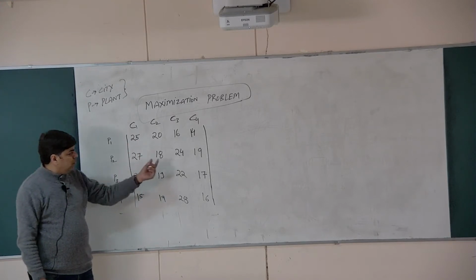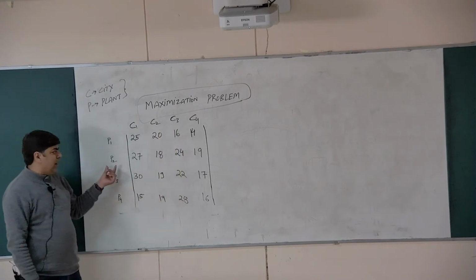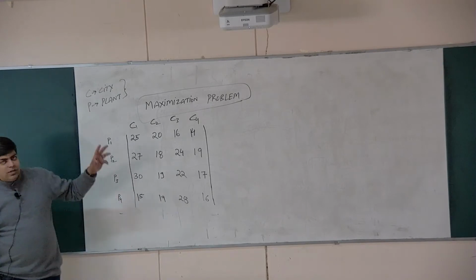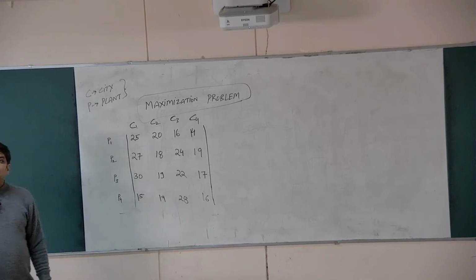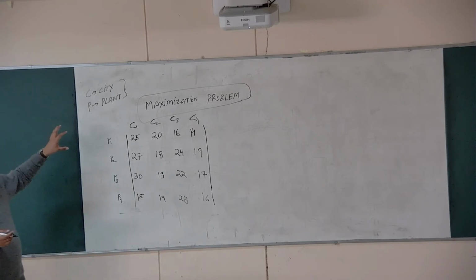Similarly P2 C3 is 24 million, from city 3 the plant 2 can generate. Similarly P4 and P3. Now we have to carry out the assignment so as to maximize the revenue. So when it says maximization of revenue, profit or gains, it's a maximization problem. So the objective function here is to maximize the revenue.